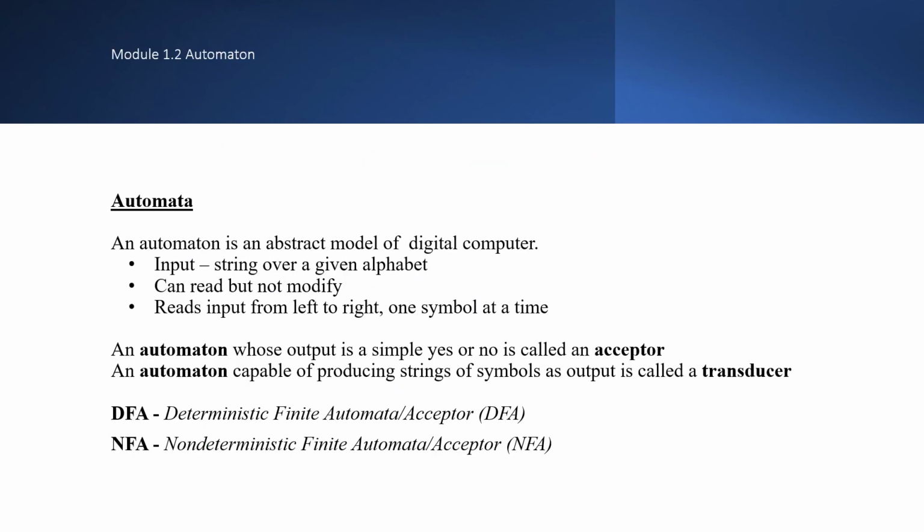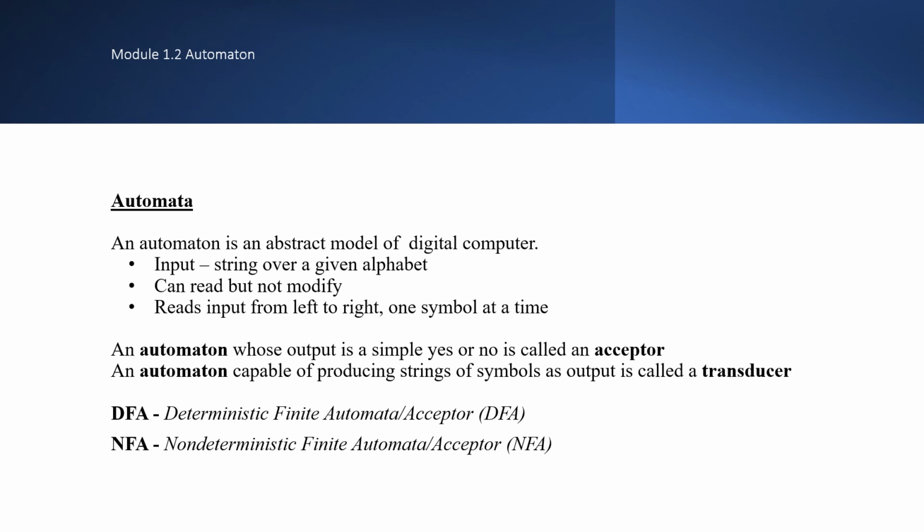Okay, so now I'm just going to talk a little bit about automata. Automata is plural, automaton is an abstract model of a digital computer. We defined it already, but let's just refresh. It can have input over a given alphabet. It will read the input, it doesn't modify the input, and it reads the input one symbol at a time.